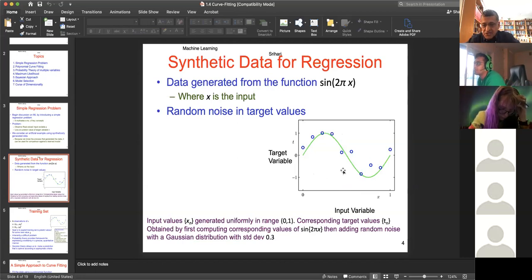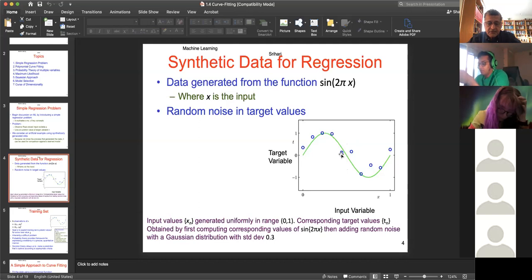A standard normal distribution would be centered at 0. It can take values which are positive or negative. And we can specify how much they are away from the mean, and that is chosen by the standard deviation of 0.3. So sometimes the values will be positive, sometimes they'll be negative. Which is why you can see sometimes the points are above the curve, and sometimes they're below as well.